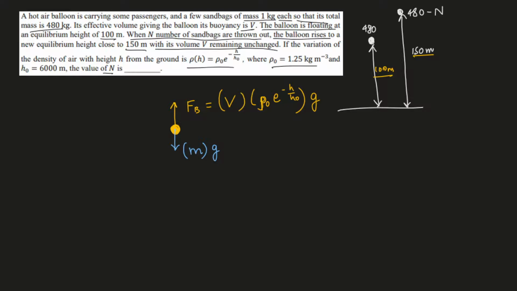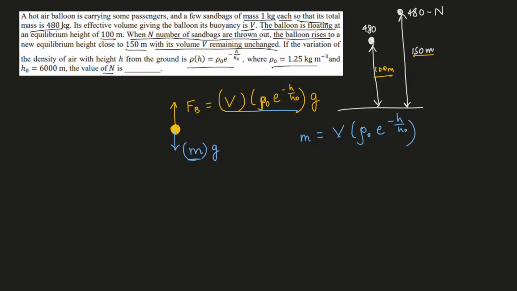No. So in order for this to be at equilibrium, the mass of the balloon should be equal to the mass of the air it displaced. So m is equal to V times rho naught e to the power of minus h by h naught. All right. Now what?